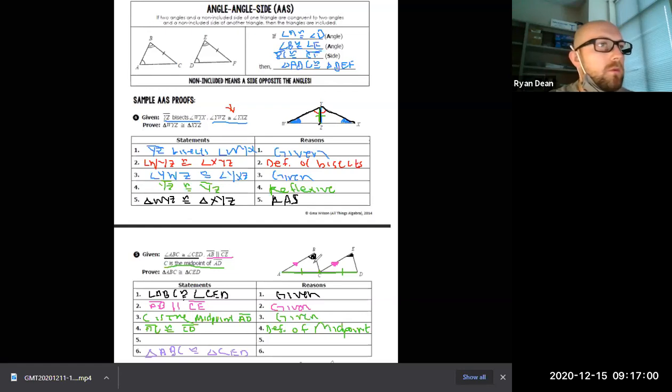Now, the only other information that we haven't used yet are these parallel lines, right? So with this picture, we're gonna have to use the parallel lines somehow to come up with a way to get another set of congruent angles, right?